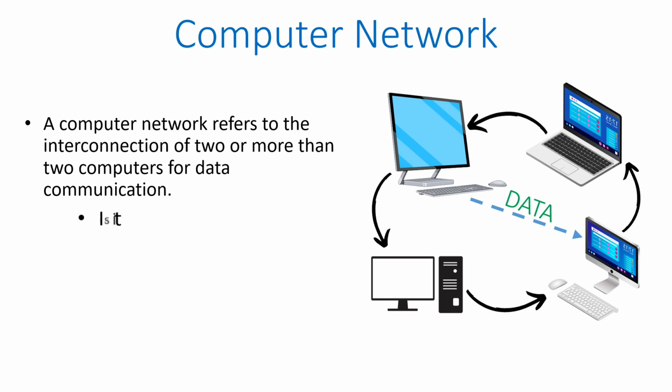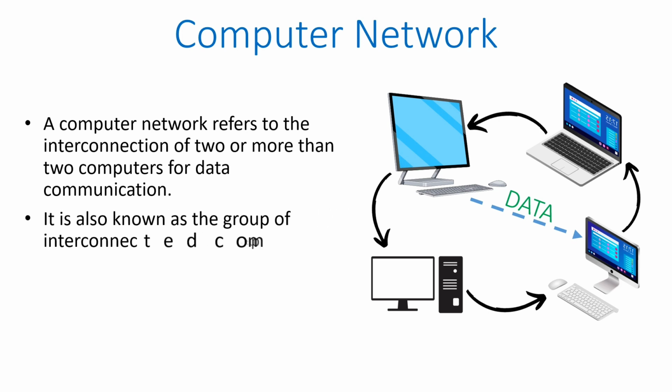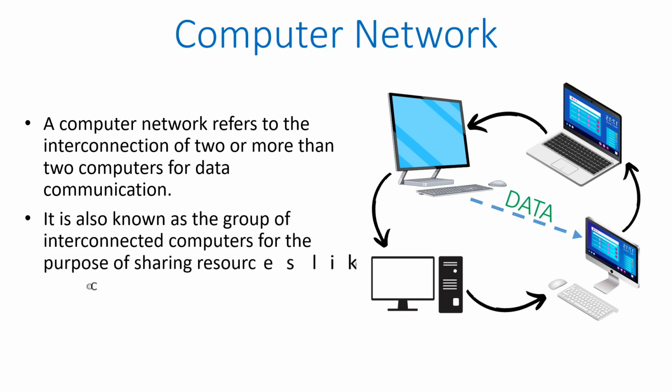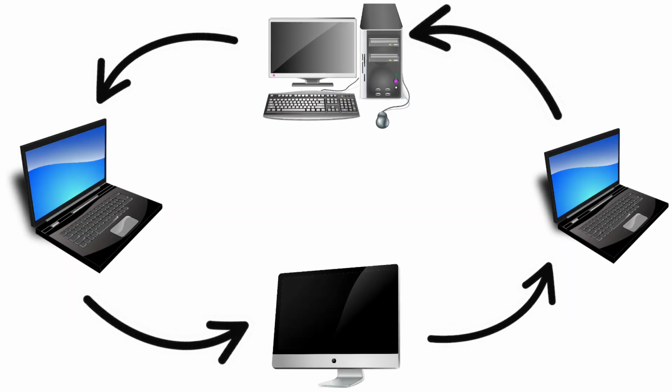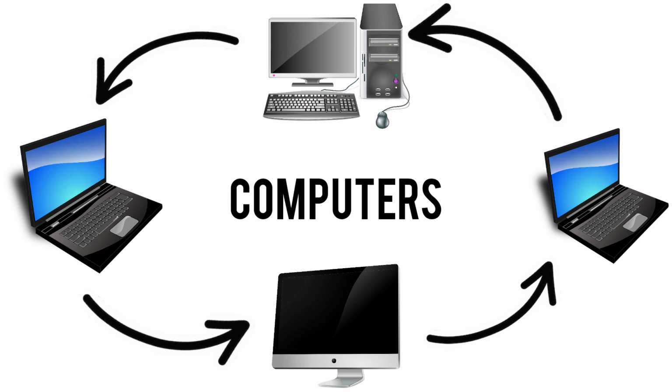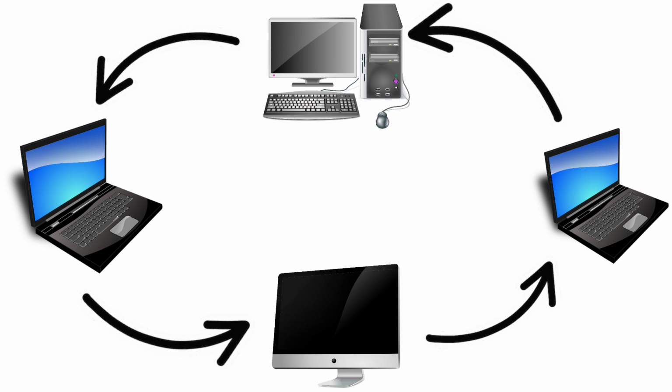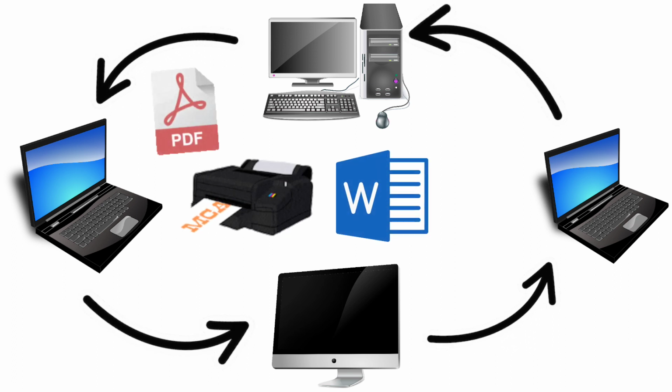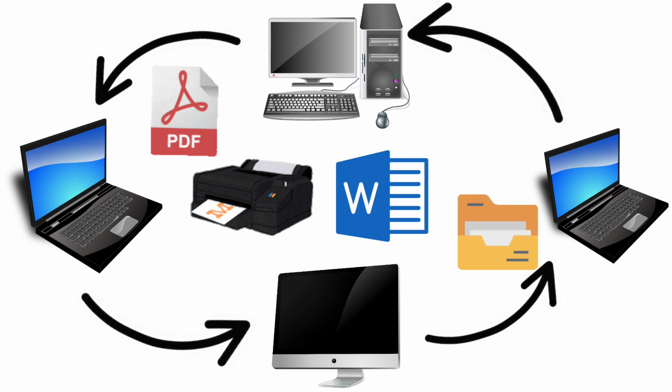It is also known as the group of interconnected computers for the purpose of sharing resources like computer hardware, software and data. So in conclusion, we can say that computer network is the connection or interconnection between two or more than two computers for the purpose of sharing hardware, software, data and other information.